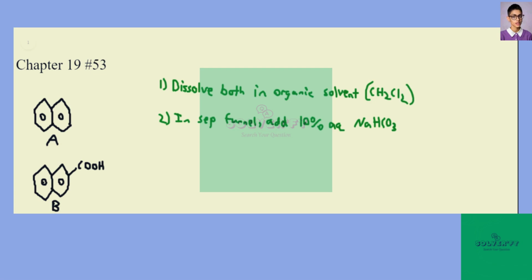When we do that, B, the carboxylic acid, will be deprotonated. Once it's deprotonated like that, it's no longer soluble in organic solvent, but it is soluble in water.